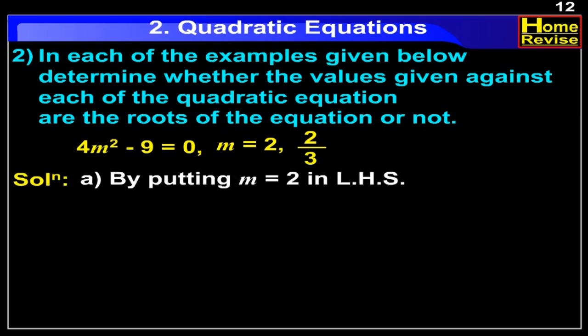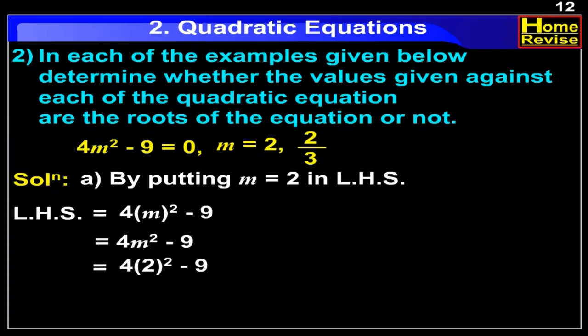By putting m is equal to 2 in LHS, we have LHS is equal to 4m square minus 9, is equal to 4 into 2 square minus 9, is equal to 4 into 4 minus 9.